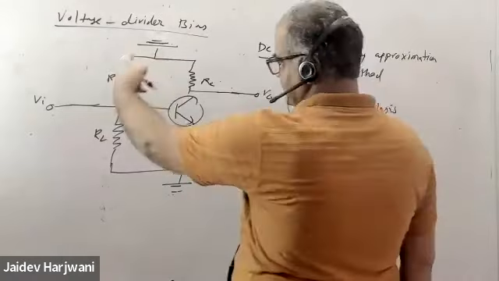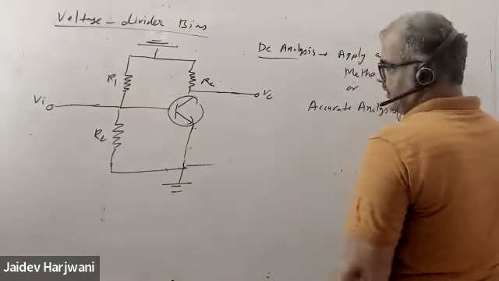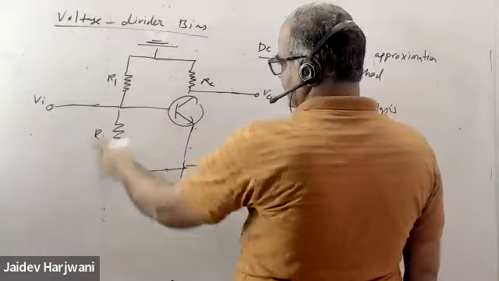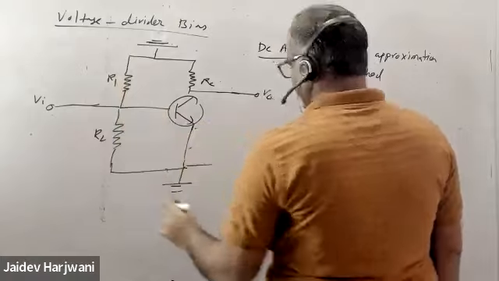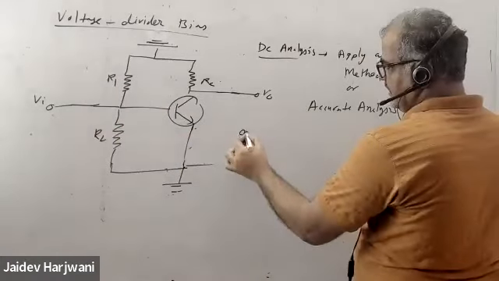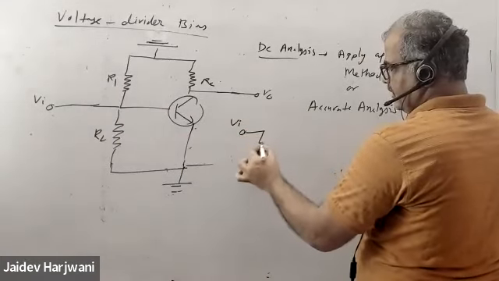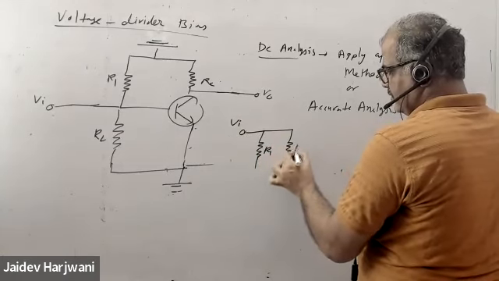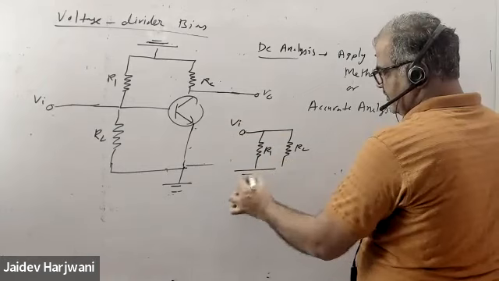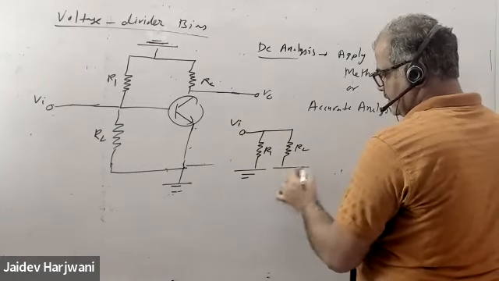Now you have to make the equivalent circuit for this one. Now this is ground, and they both are parallel and connected to ground. So what I can write, V input. You have R1 and you have R2. This becomes ground. This also becomes ground.